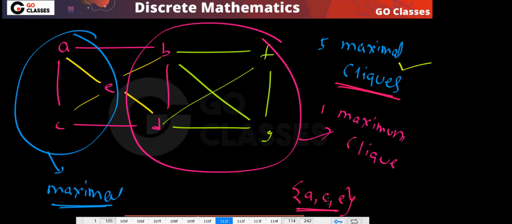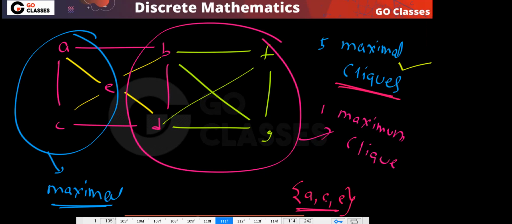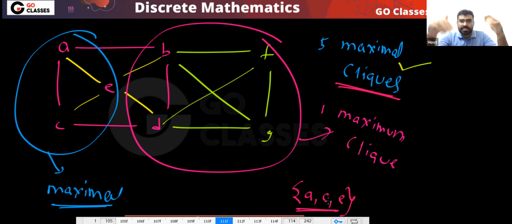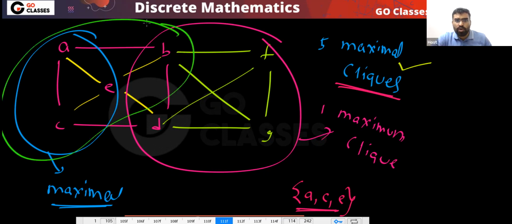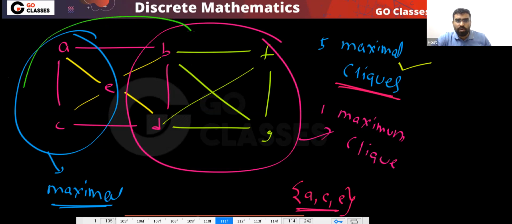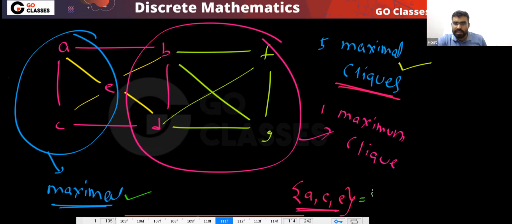You can notice that A, C, E are adjacent to each other. So this is a clique, and it is maximal because if you add one more vertex, it will not become a clique. You cannot make it bigger.